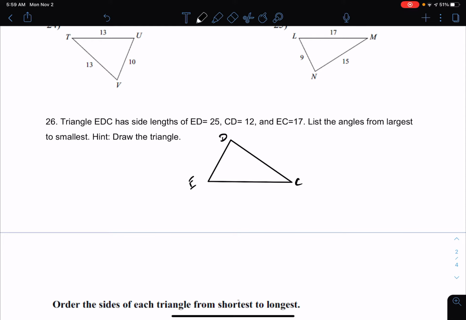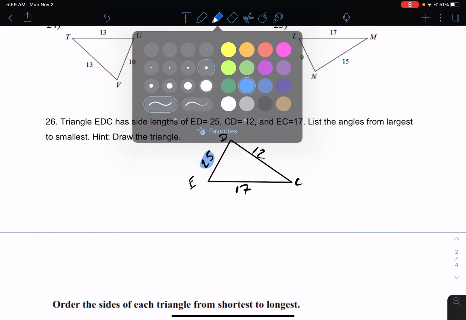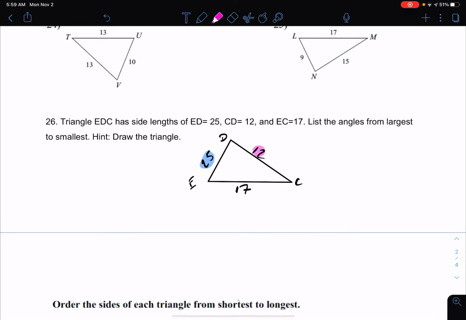So list the angles from largest to smallest. E to D is 25, so this side right here is 25. C to D is 12, so this side here is 12. And EC is 17. As you can tell, E to C looks the largest in my picture, but it's technically not the largest. That's okay. Just as long as you know that this is the largest and this is the smallest.